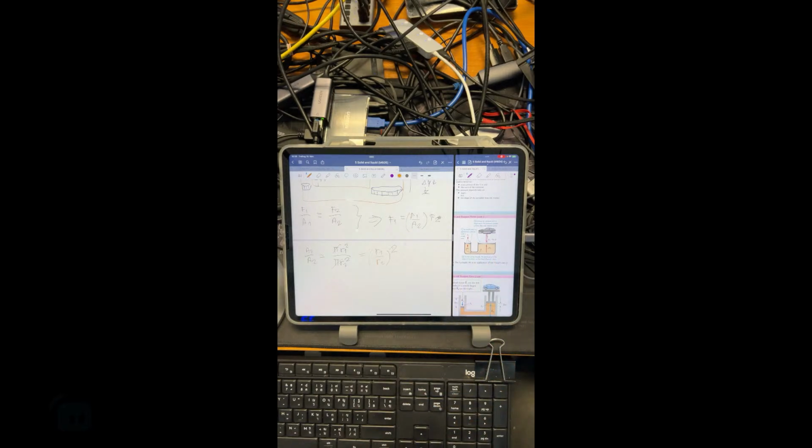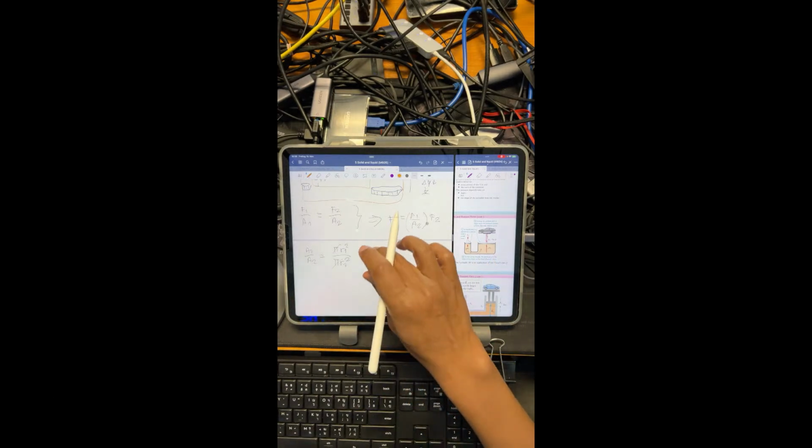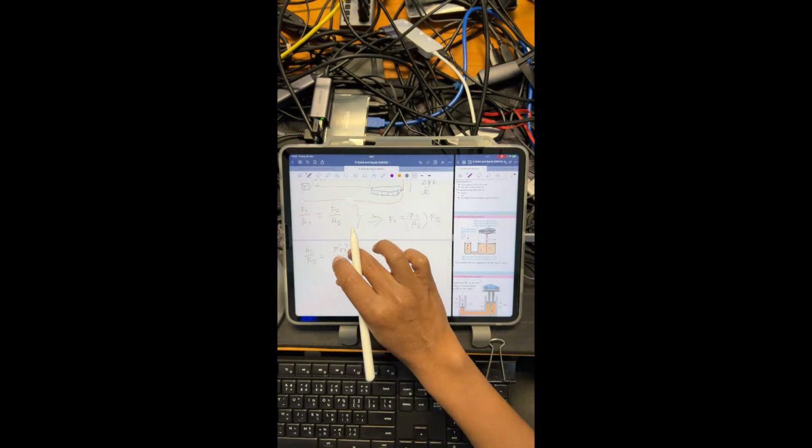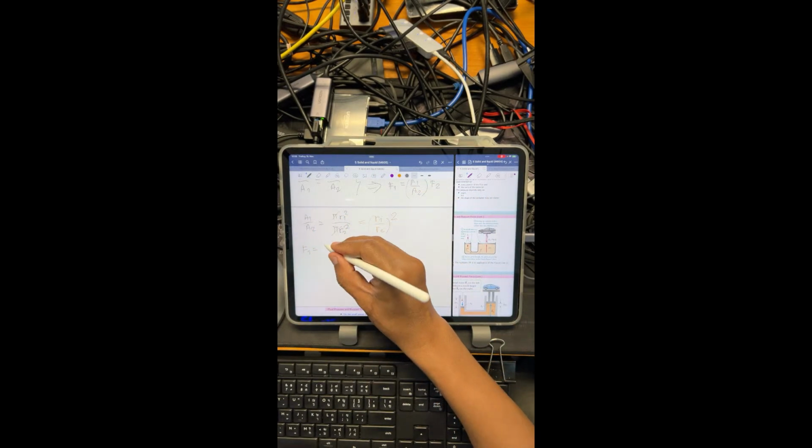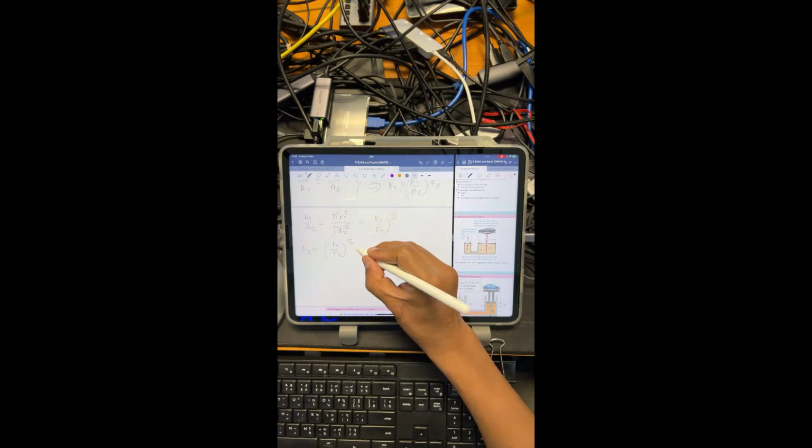this ratio into the F1 expression. F1 expression will be A1 by A2, which is (R1 divided by R2) squared, times F2, right?